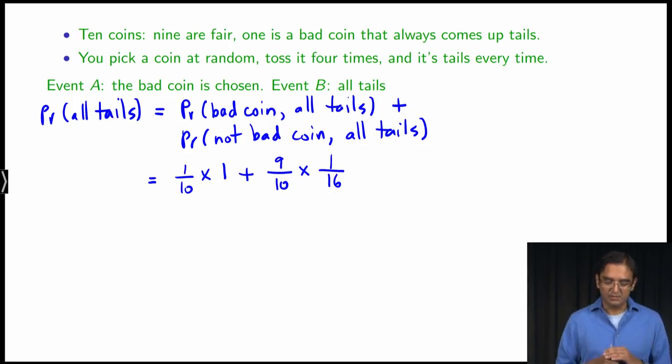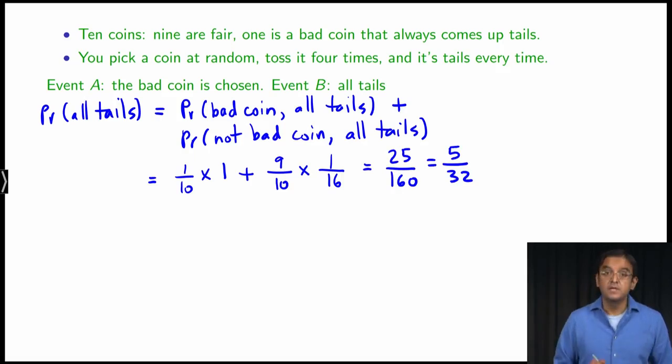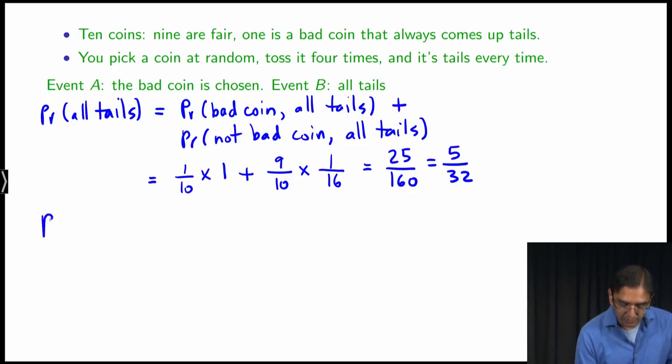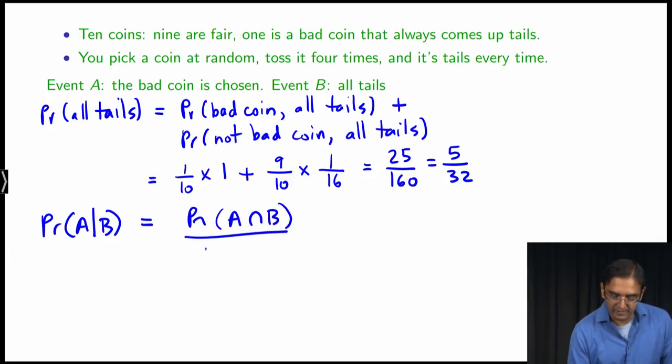Okay, so let's work this out. 1/10 plus 9 over 160 is 25 over 160, which is 5 over 32. So this is the probability of B, the probability of all tails. And now let's go back to what we actually wanted, the probability of A given B. And as we saw, it's the probability of A and B over the probability of B. The probability of A and B we figured out, that was 1/10.